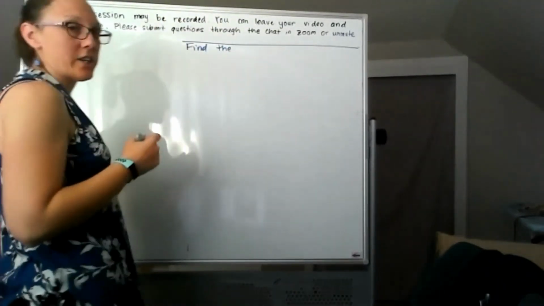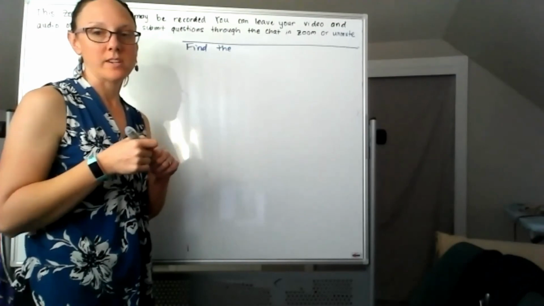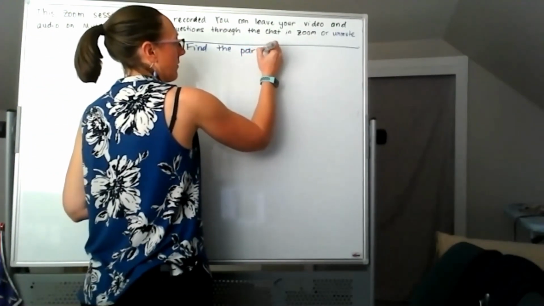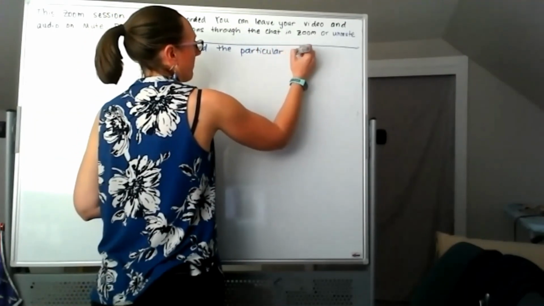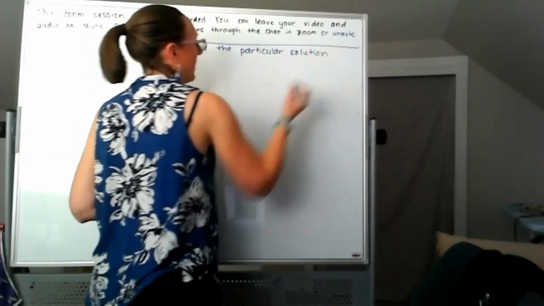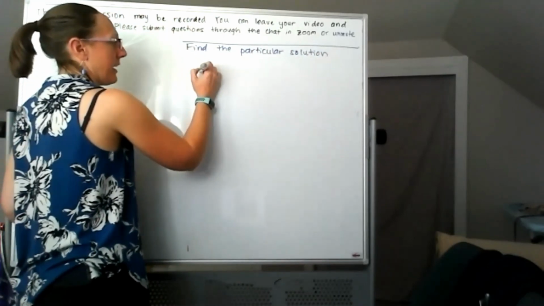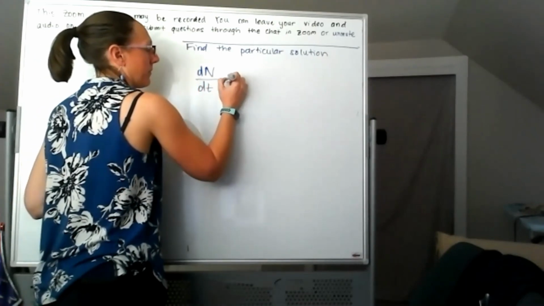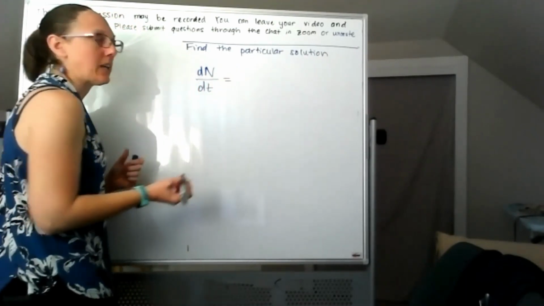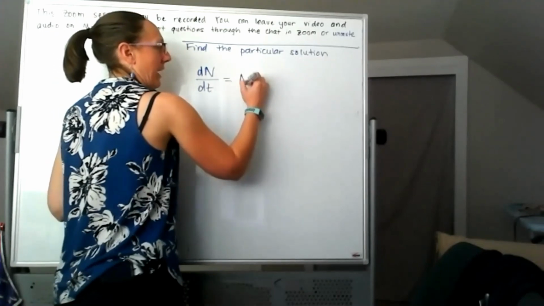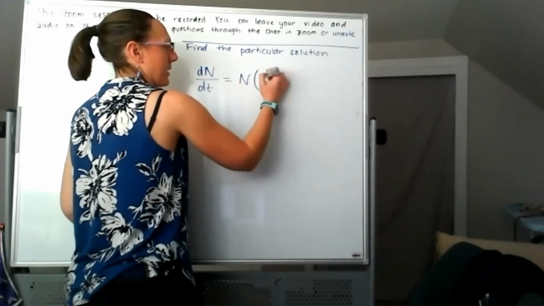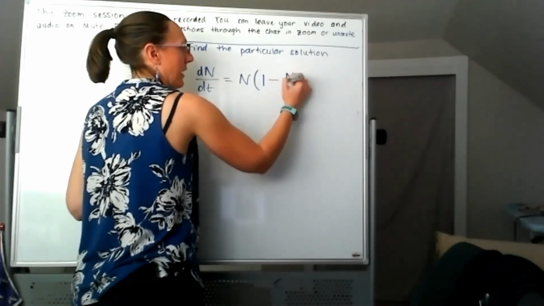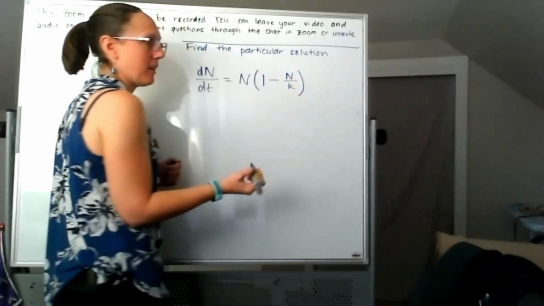So I'm going to switch the instructions now to say, find the particular solution. And I am going to give us a problem that looks like dn dt is equal to n times 1 minus n over k.